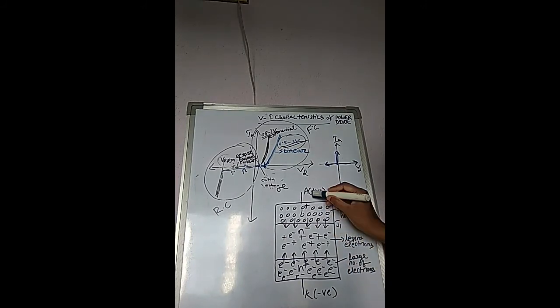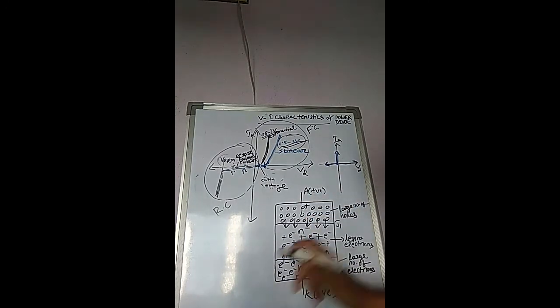So in power diode, in a very short duration, there is a large ohmic drop, and there is also large power loss in the power diode. Obviously power diodes operate at high voltage, high current rating.